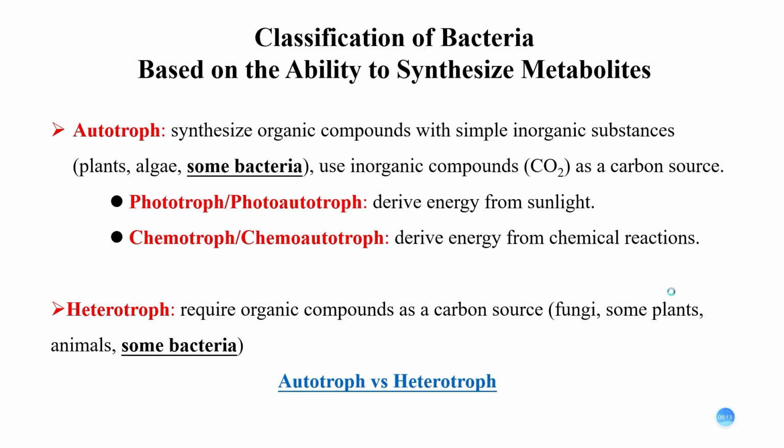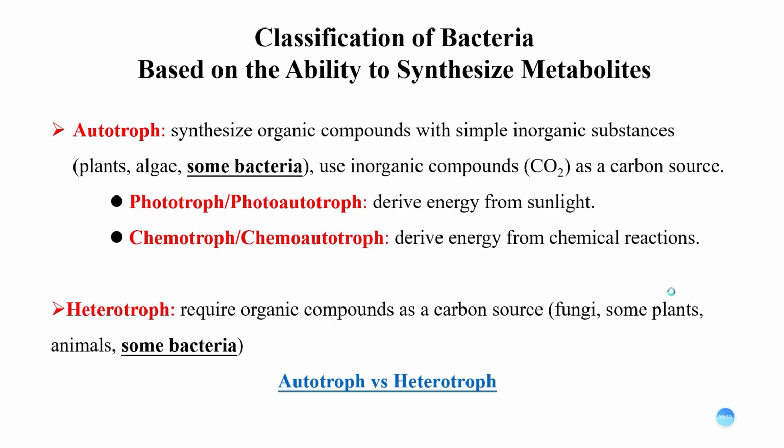And based on this, organisms can be divided into two major groups, autotroph and heterotroph. Autotroph means that the organism is able to synthesize organic components with simple inorganic molecules, such as carbon dioxide.